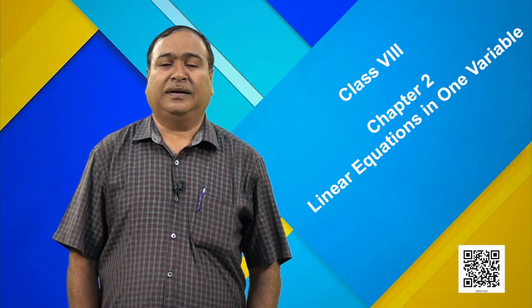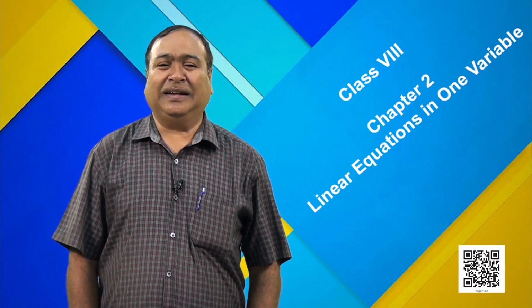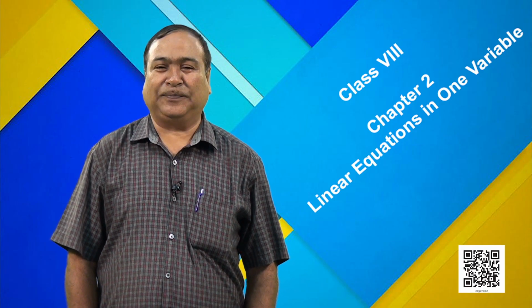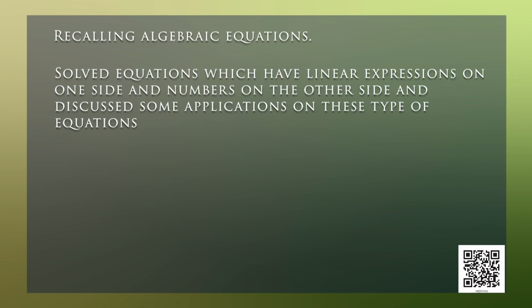Students, before we wind up today's class, let us recall what are the things we did. We started with recalling what are algebraic equations and in particular linear equations in one variable and examples. Also we saw that if the variable is present at one side and the constant on the other side, then how to solve such types of equations, which we call the solutions of those equations.